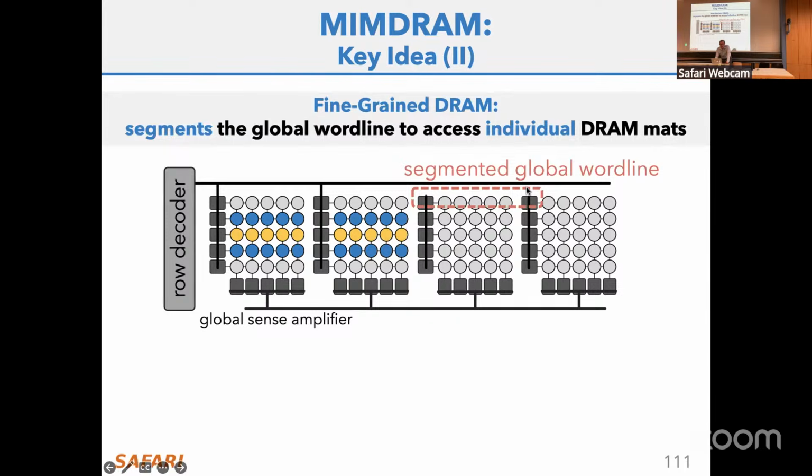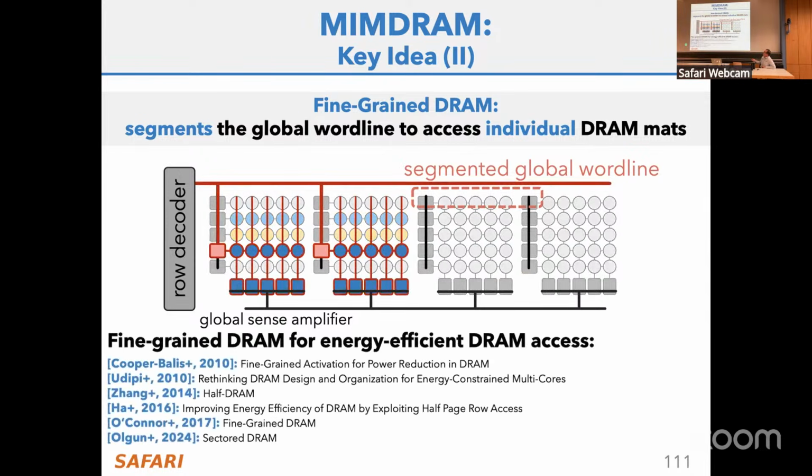And you decide which isolation transistors to enable or disable. If you enable the isolation transistor, you enable the word line to propagate to that mat. If you disable it, you ensure that the word line doesn't enable that mat. That's the idea. This is one design of fine-grained DRAM. There are many designs that people have proposed in the past. So this way, by enabling 2 isolation transistors for the initial 2 mats, you can actually enable only those mats.